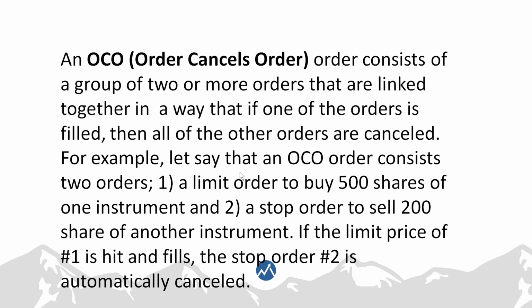If the limit price of number one is hit and fills, then the stop order for number two is automatically canceled. So in other words, if one order is filled, then the other order is canceled. So that's an order cancels order.